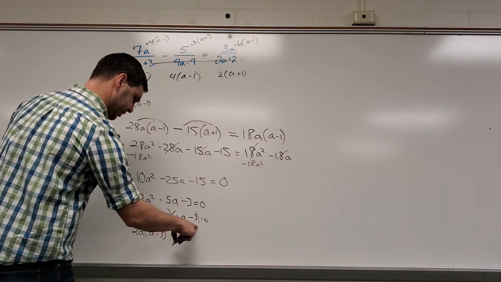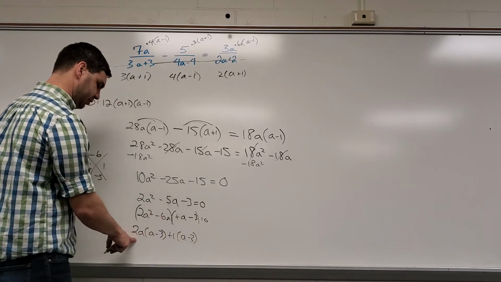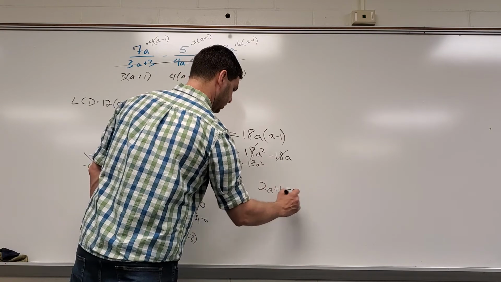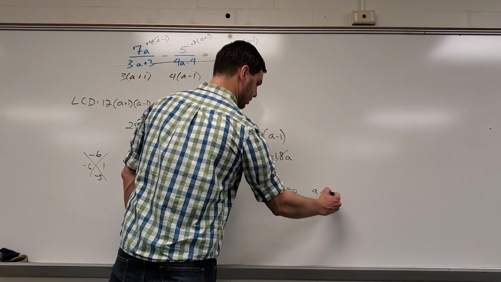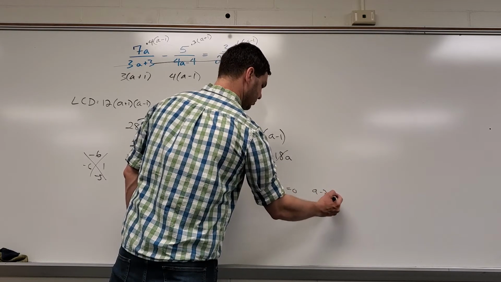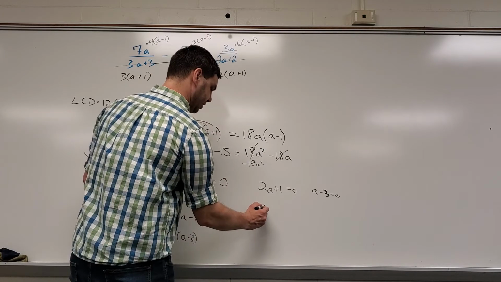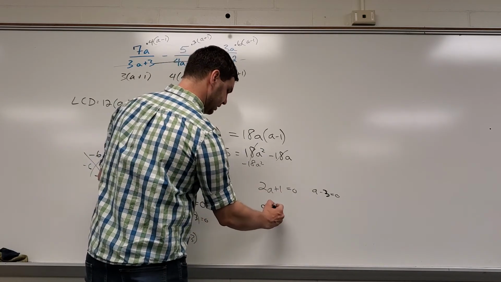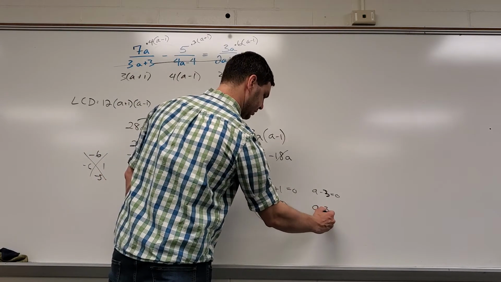Over here we already have a minus 3, so I'm just going to take out a 1. So we have 2a plus 1 equals 0, and a minus 3 equals 0. Okay, this is going to leave me with a equals, subtract the 1, divide by 2, that's negative 1/2. And on this one, a equals 3.